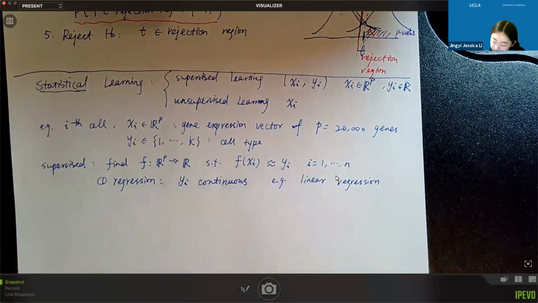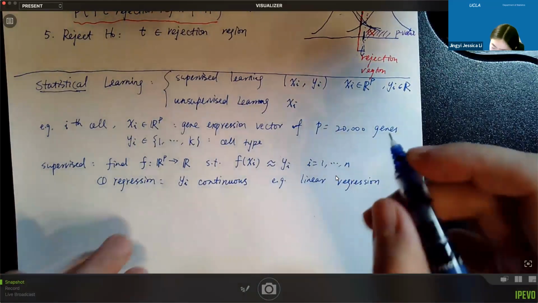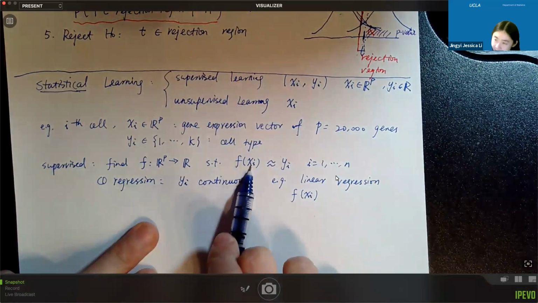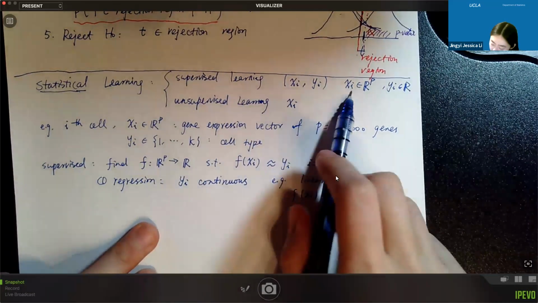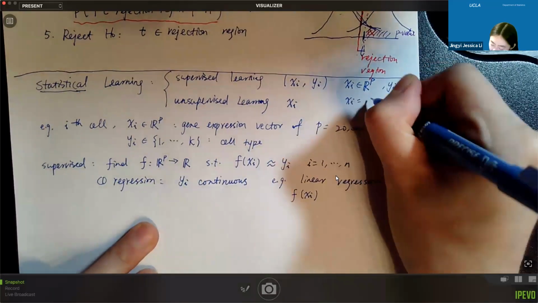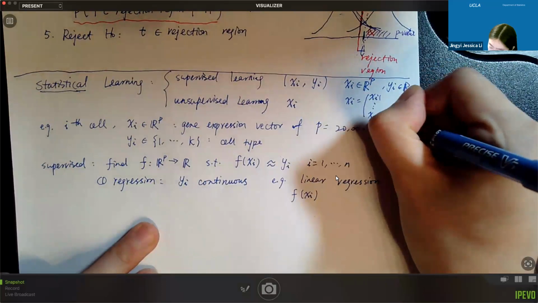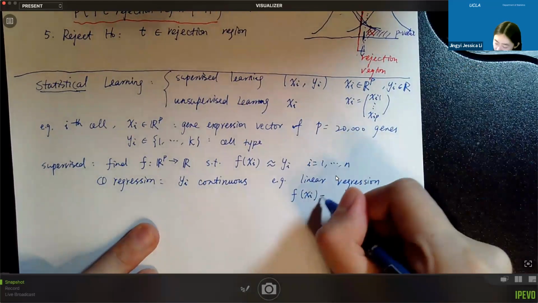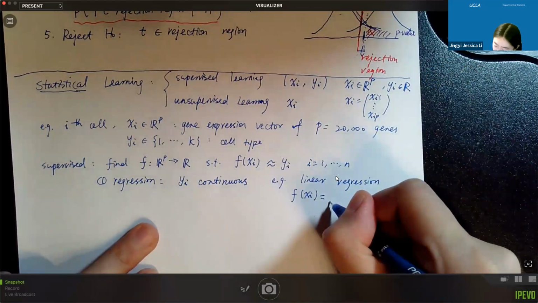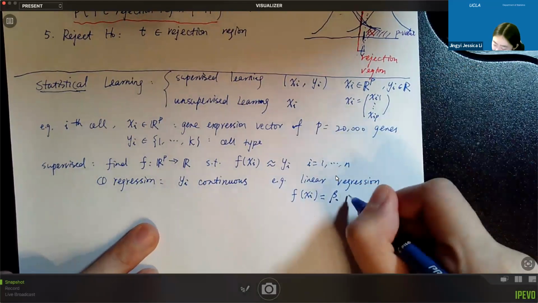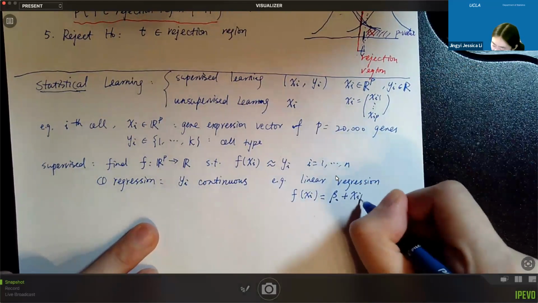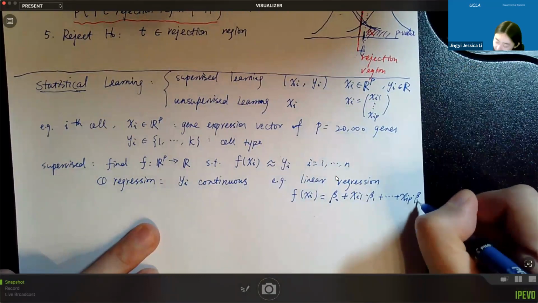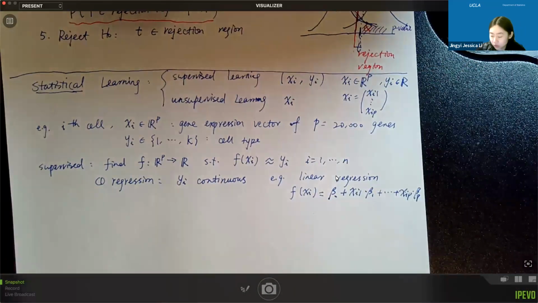In linear regression, we are assuming f(xi), where xi contains p elements, so we can write xi as xi1 to xip. We assume the function f is a linear function of xi with an intercept: beta 0 plus xi1 times beta 1 plus up to xip times beta p. That's what we call linear regression.